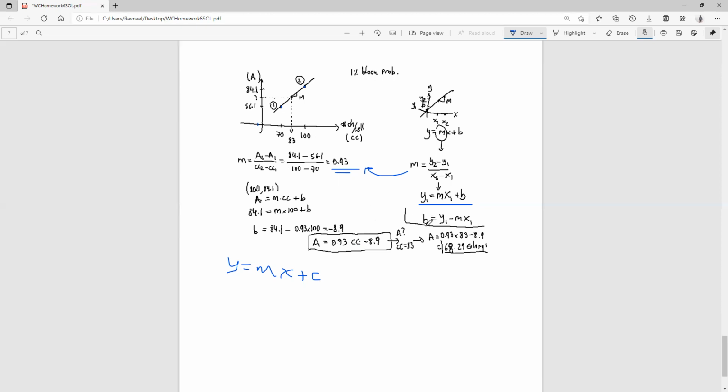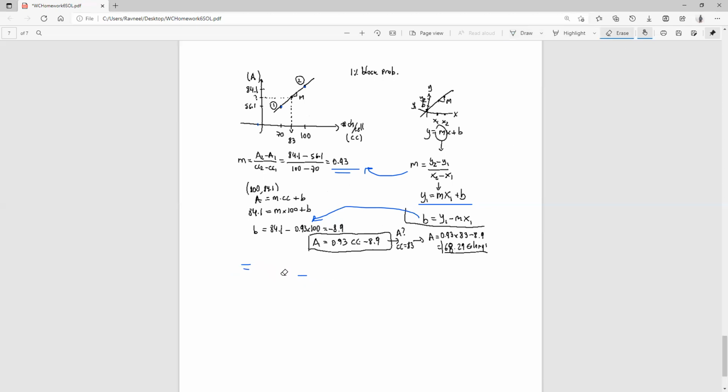Directly substituting, the y value is 84.1 and the x value is 100. So 84.1 minus the m value, 0.93, times the x value, 100. That gives me the b value as minus 8.9.